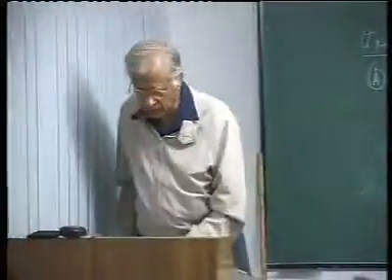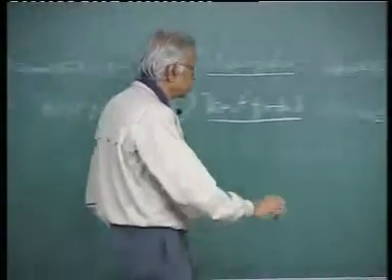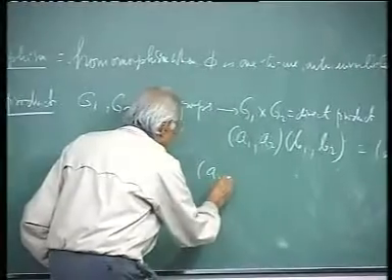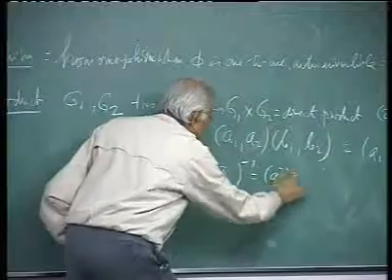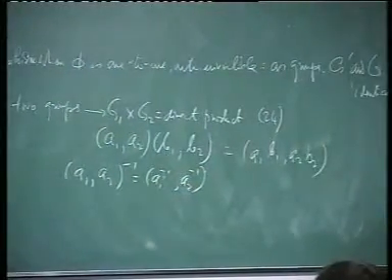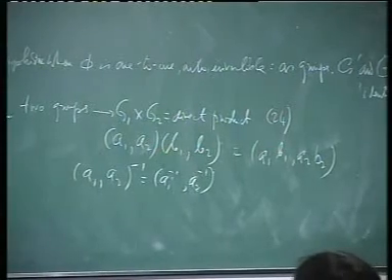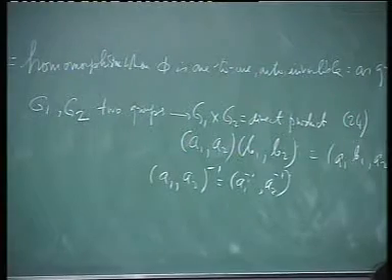Inverses also follow a similar independent law. That is to say, the inverse of the pair is the pair formed by the inverses. And you can check that in this sense, G1 direct product G2 is also a group.